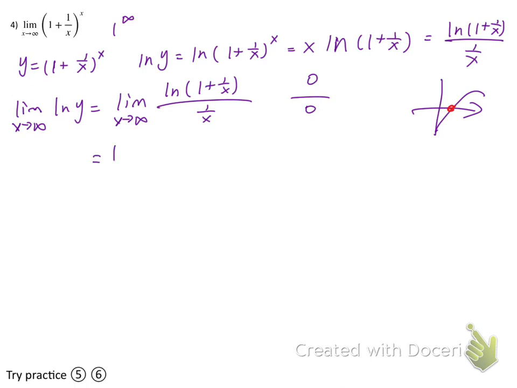Then I differentiate the top. 1 plus 1 over x is x over x plus 1 over x, so x plus 1 over x. Because taking the derivative, I need to flip it, x over x plus 1 times the derivative of 1 over x, which is negative x to the negative 2.